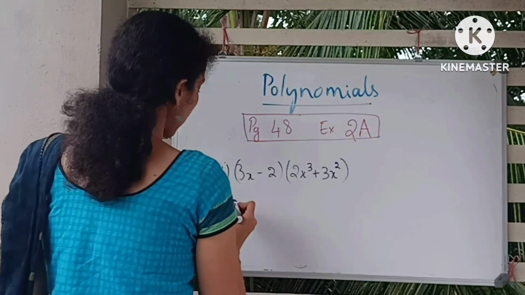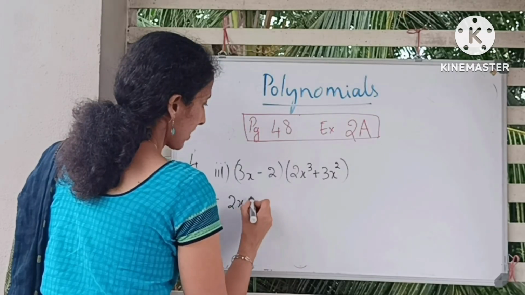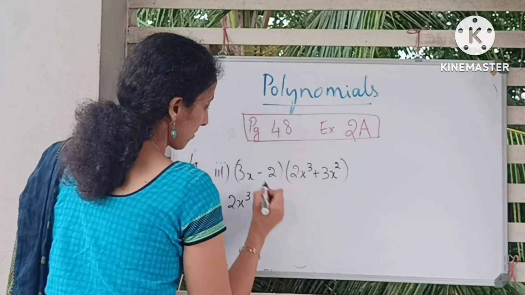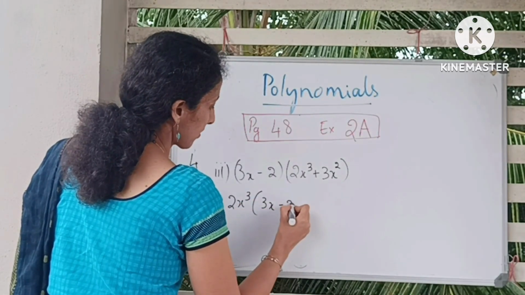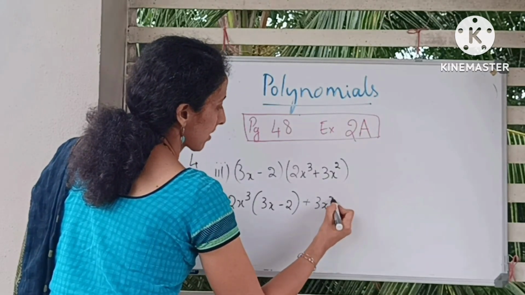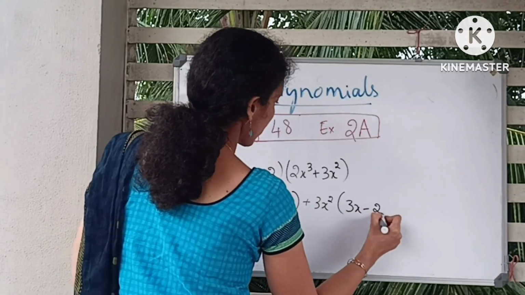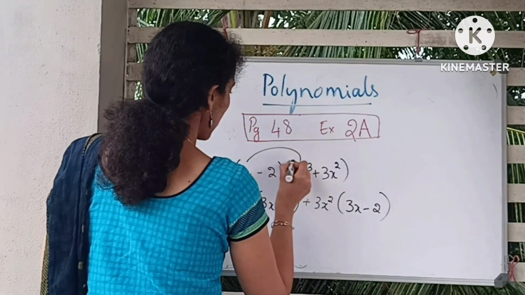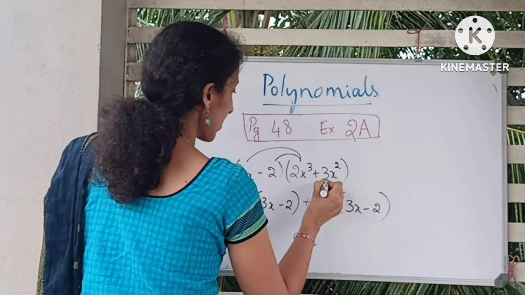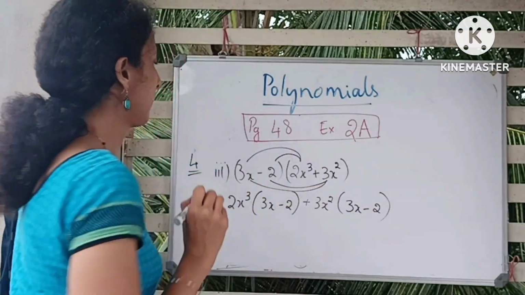Third problem, this is equal to 2x cube into 3x minus 2 plus 3x square into 3x minus 2, that is multiplying these two and multiplying these two.